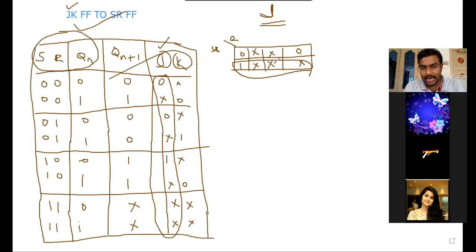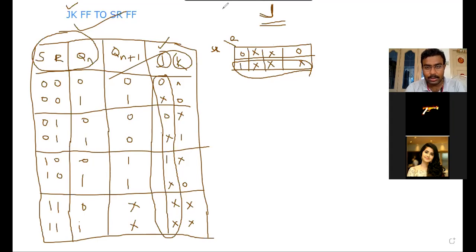So on this side only we can take one variable. I will take S here, and I will take two variables on this side. I forgot R and Q here. In a normal 3 variable map, I can take only one variable here and 2 variables here.